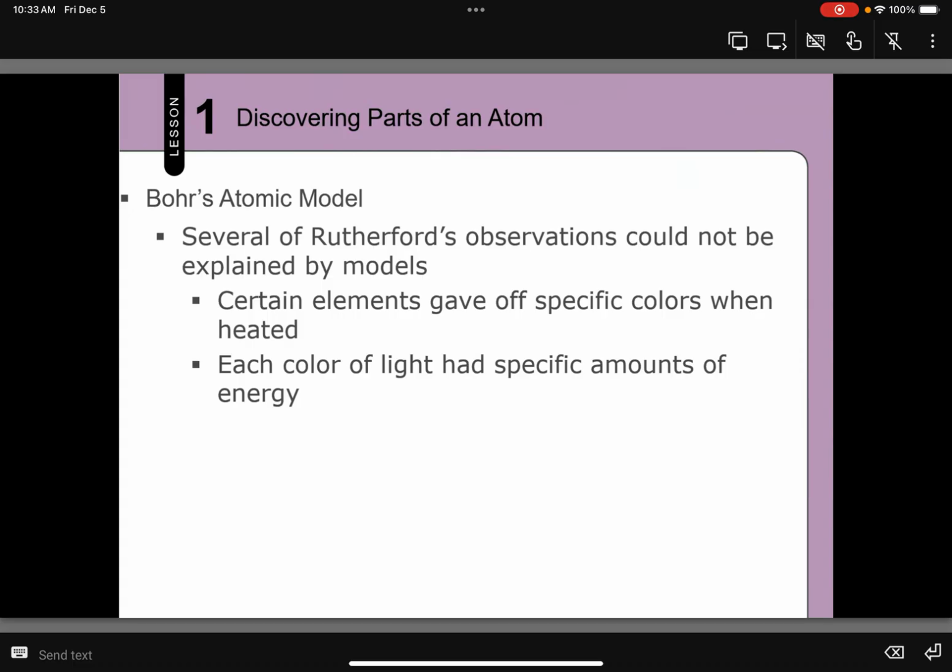So red is because of one thing, green is because of something else, blue is because of something else. Depending on the element that's present, when they get lit on fire and they explode, they're releasing energy in the form of light. And because they have different amounts of energy that they are releasing, that's why we see them as different colors of light.